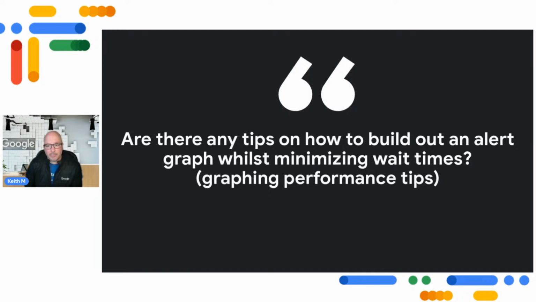So in terms of tips, I would say keep it at that 5 entity starting point. And if you do want to expand out, you can add one at a time to kind of get more insight into the alerts itself.